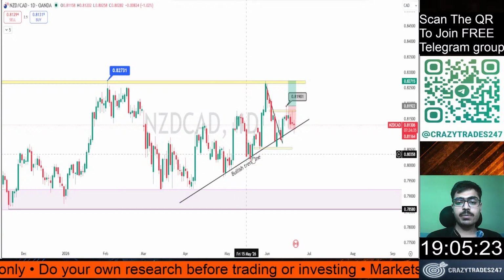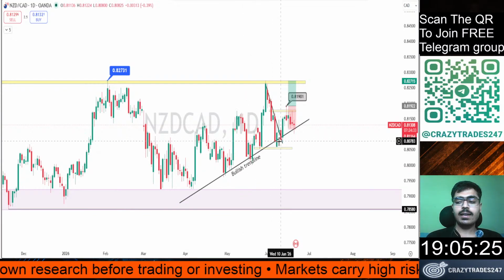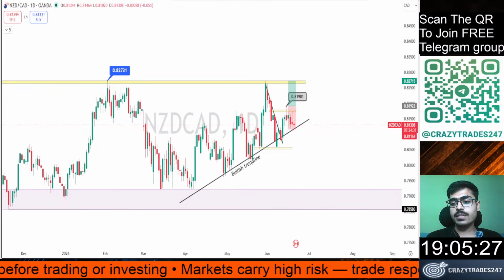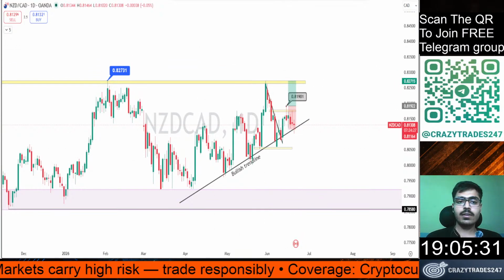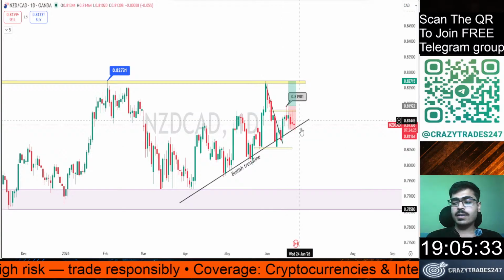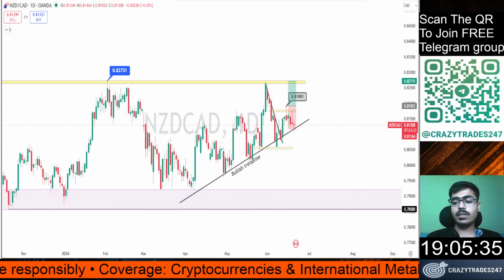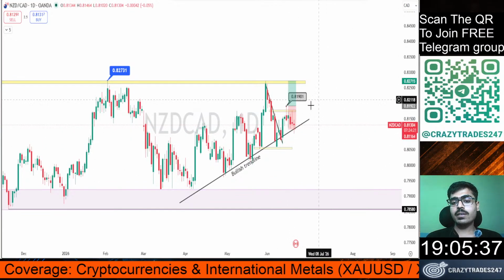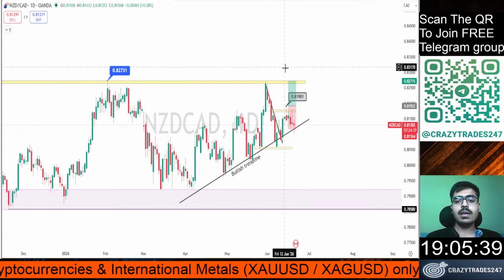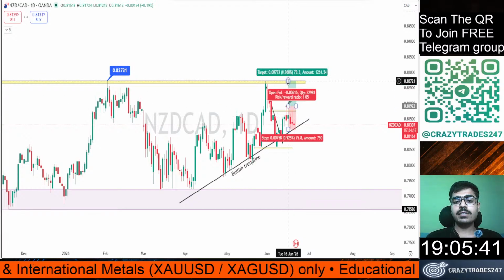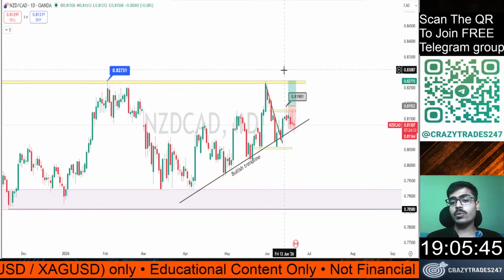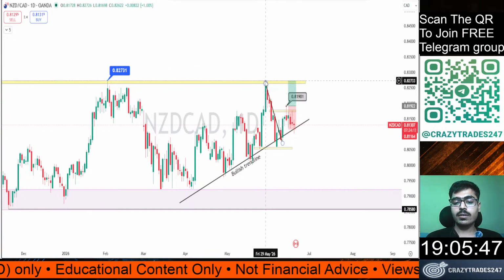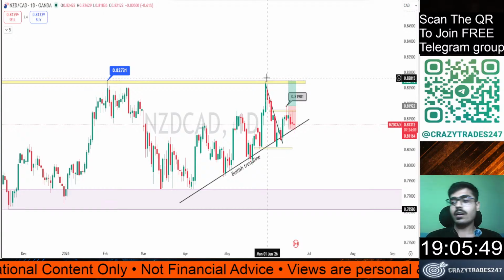Price is taking multiple supports from this trend line, and price is showing sustained strength and making newer highs each time it bounces back. So this time we are expecting no different. We are expecting a bounce back from this level, and that bounce back will lead price to make a newer high than it made during the earlier upswing.